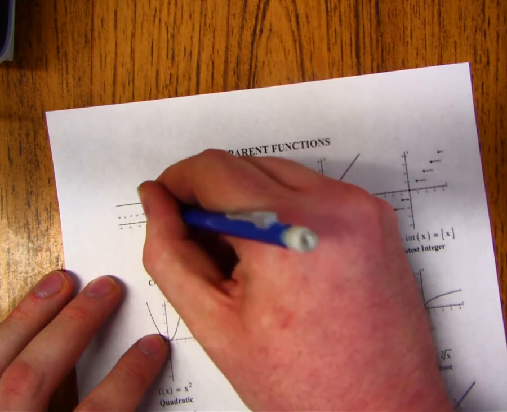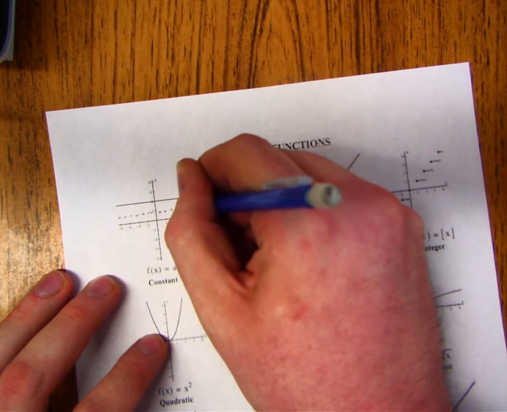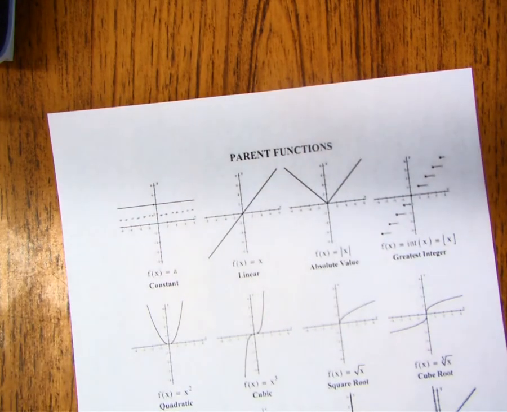Okay, so that's a little bit more what an isolated set of points, or a discrete function, would look like. And that's going to be one of the terms that you're going to want to know: discrete versus continuous.